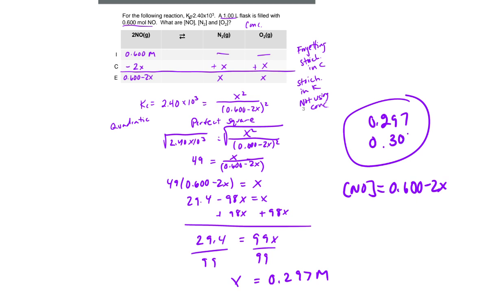So what's going to happen then is that we're going to get 0.6 minus 2 times 0.303, which would give us negative 0.006. And you can't have a negative concentration, right? So that makes the 0.303 solution to the quadratic not possible. So it would have to be the other one.